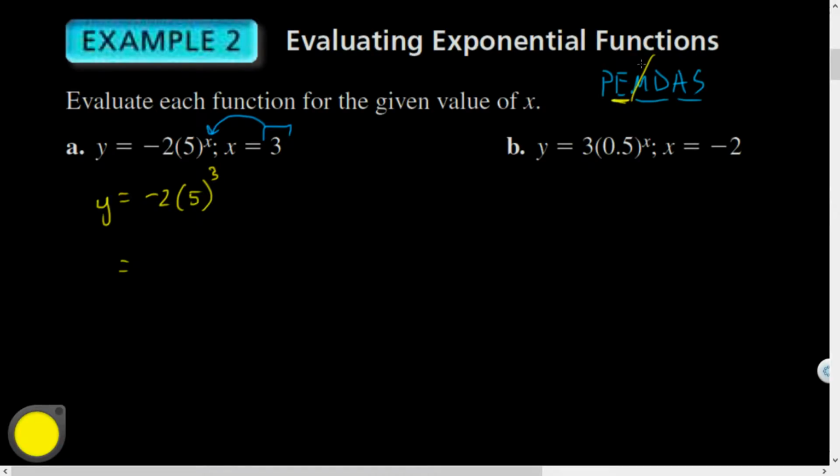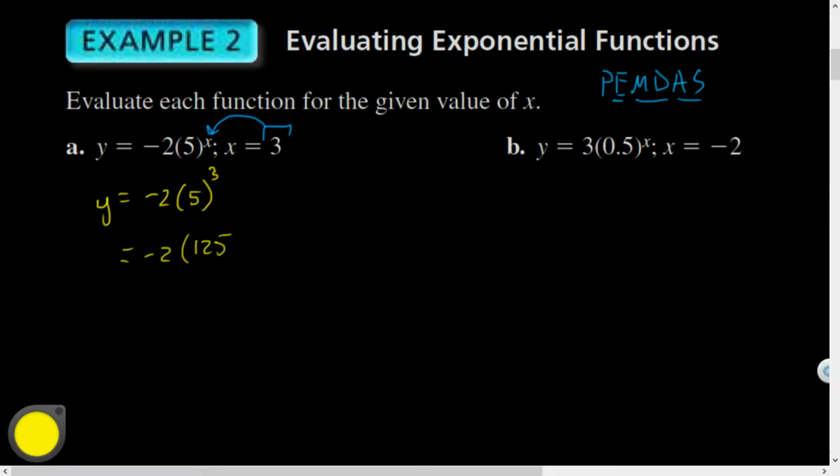So we've got negative 2 times, what is 5 to the 3rd power? That means 5 times 5 times 5. I'm going to simplify this in a second. 5 times 5 is 25, and 25 times 5 is 125.